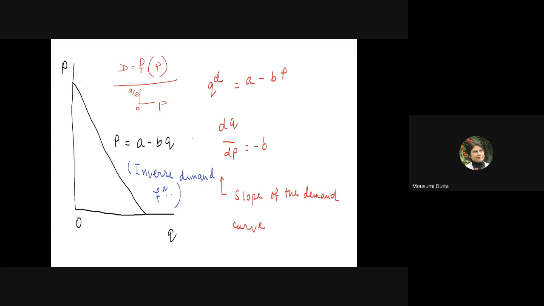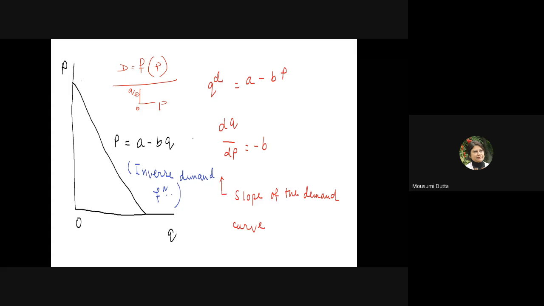If we measure Q along the horizontal axis and P along the vertical axis, and draw the demand curve in this way, though I am simply calling it a demand curve, it is nothing but an inverse demand curve, if we match the graph with the mathematical function.